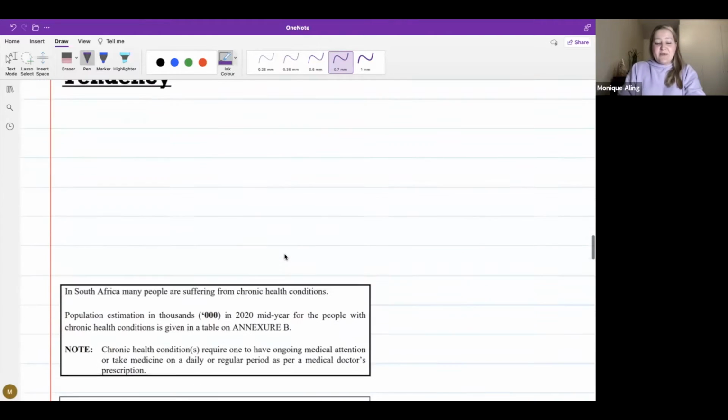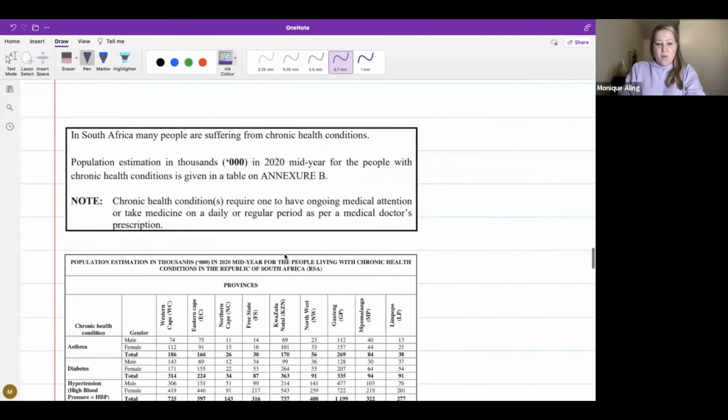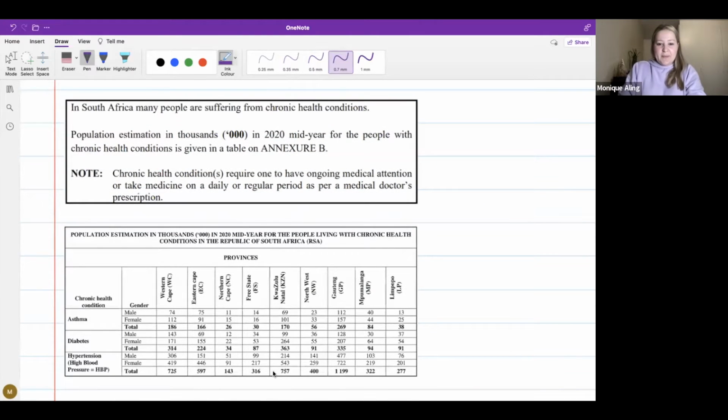Now it is quite a bit to read. Let me know if I need to zoom in a bit more. Okay, so guys, with data handling, they're always going to give you a scenario. They're always going to give you some stats, a whole lot of numbers, because we need to work with the numbers and summarize the data.